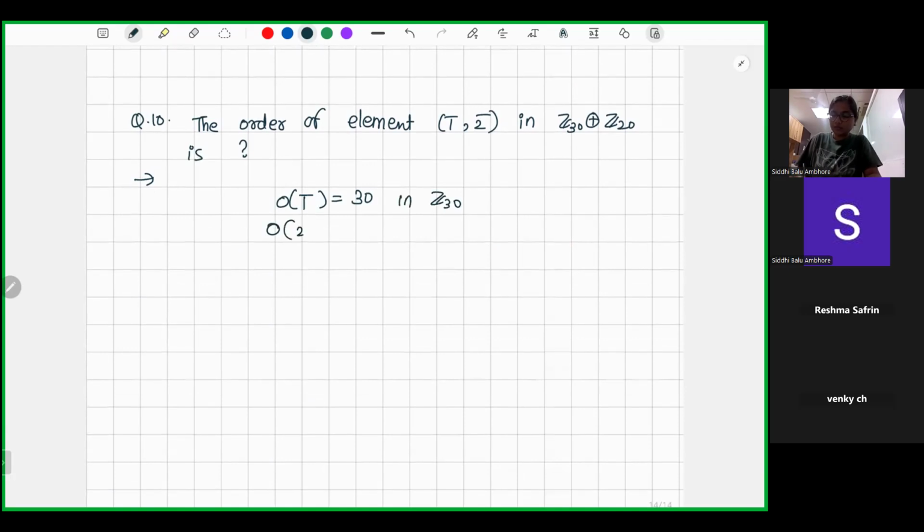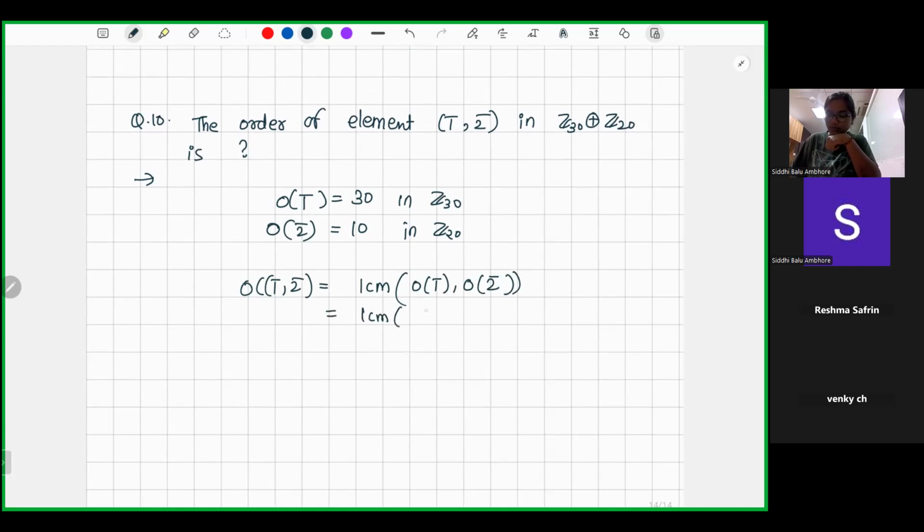And what is the order of 2 bar in Z20? It is 10, right? So the order of this (1 bar, 2 bar) will be the LCM of the order of 1 bar and the order of 2 bar.